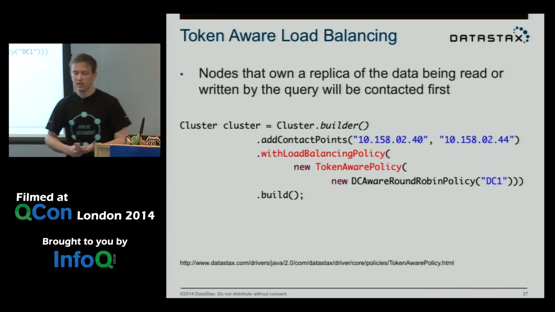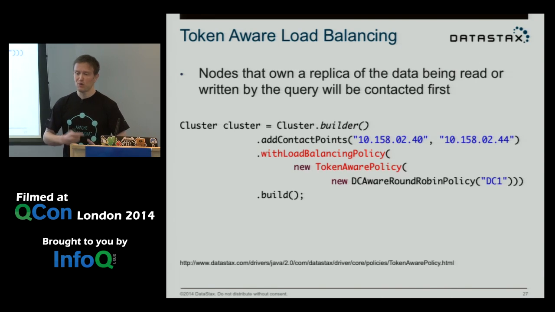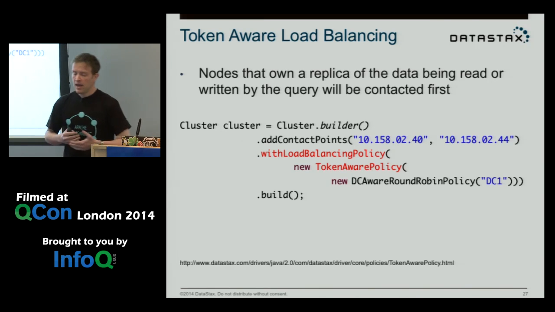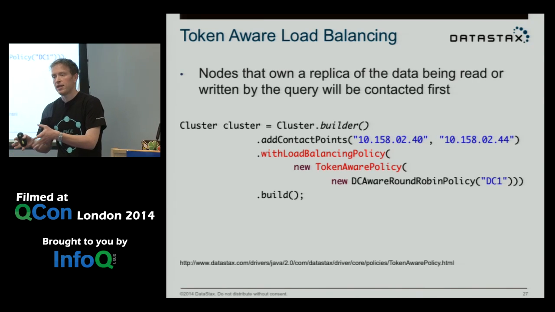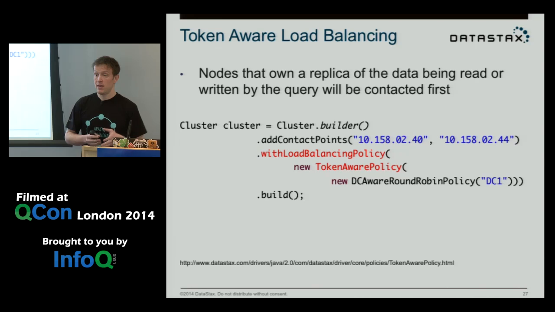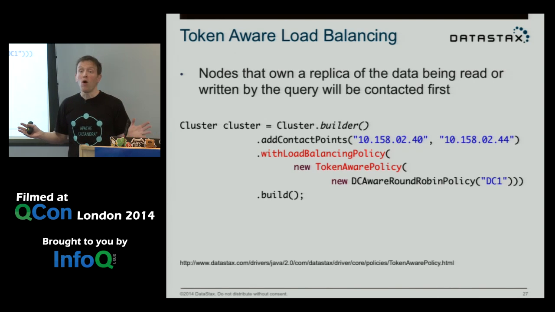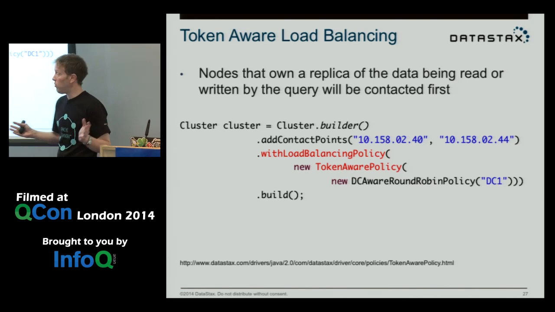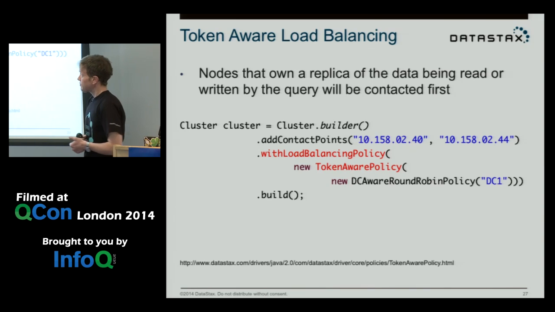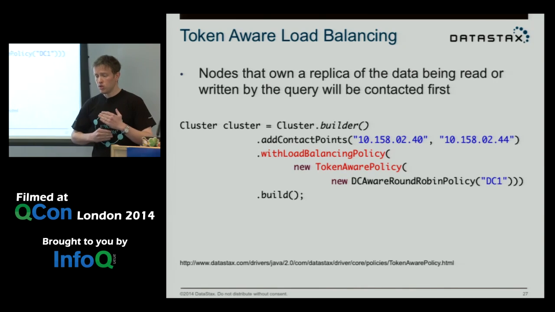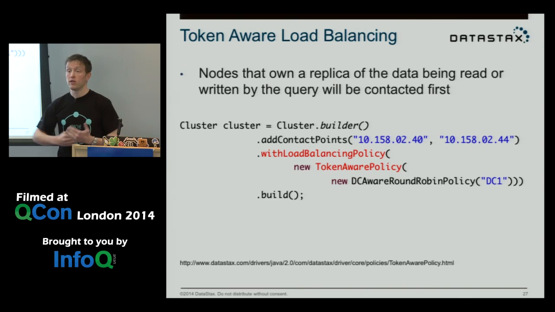And what makes it even nicer is that the client driver is getting these events pushed to it. When you add nodes or change the partition ranges across your nodes, your client's told about this. It knows. It's always aware of which nodes own what token ranges. And really the way to use this is to instantiate it with a child policy.